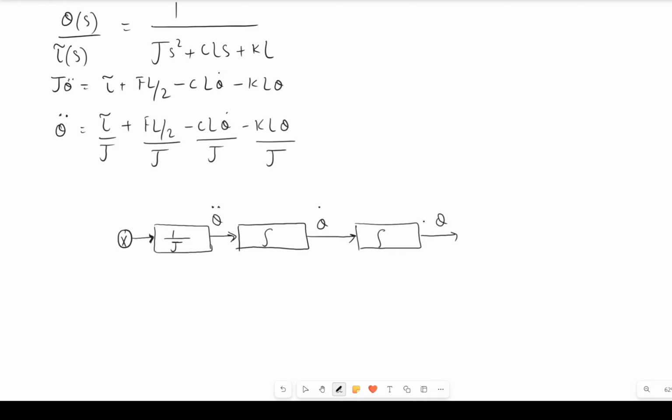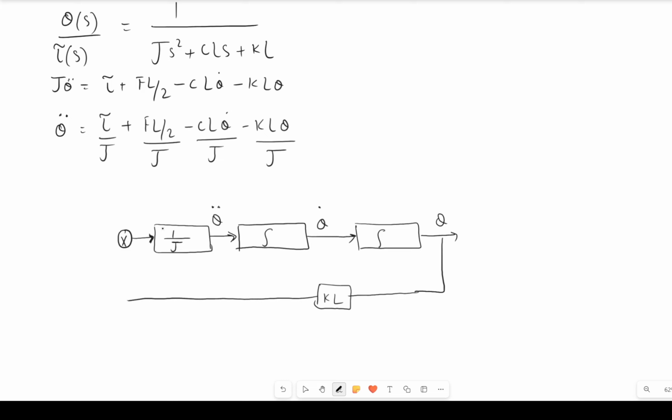So this is how we get the output. Now, because it is going to be the feedback path, if we look carefully, theta is multiplied with KL.